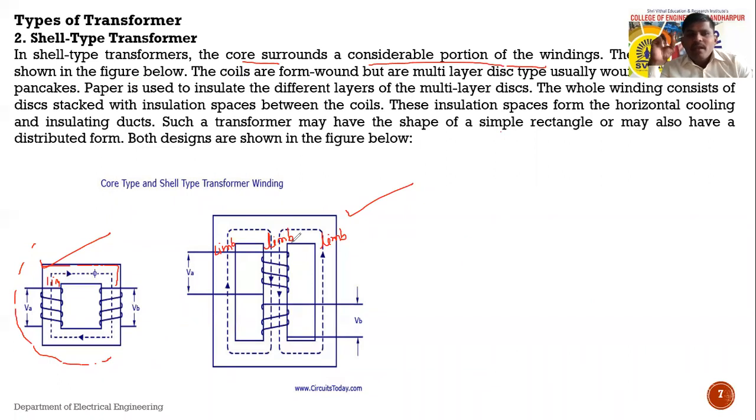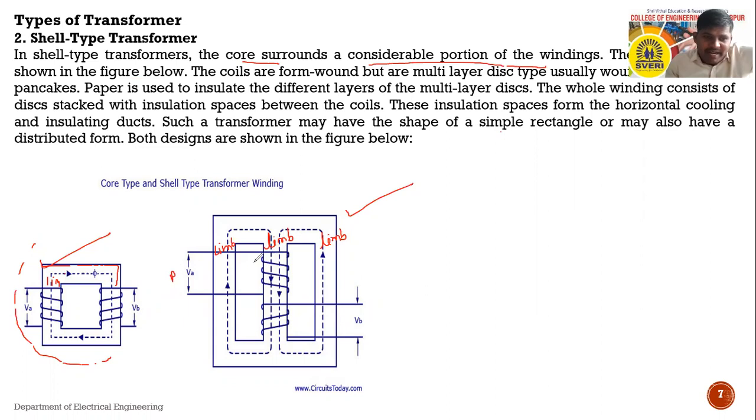Now see, in the case of shell type transformer, the core of the transformer encircles some portion of the winding. So this is the main difference between core type and shell type.